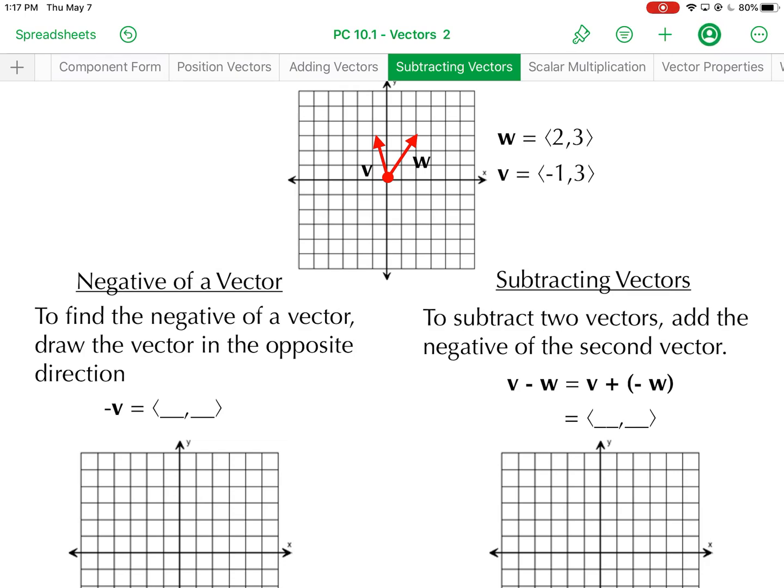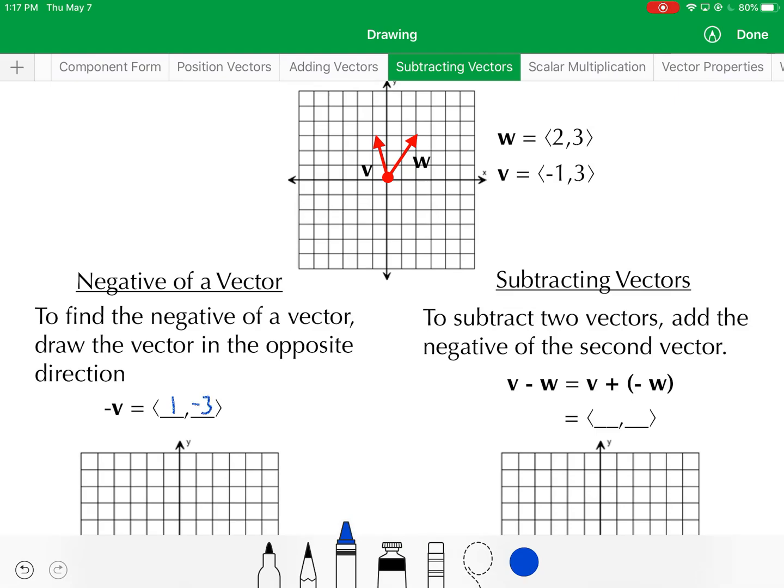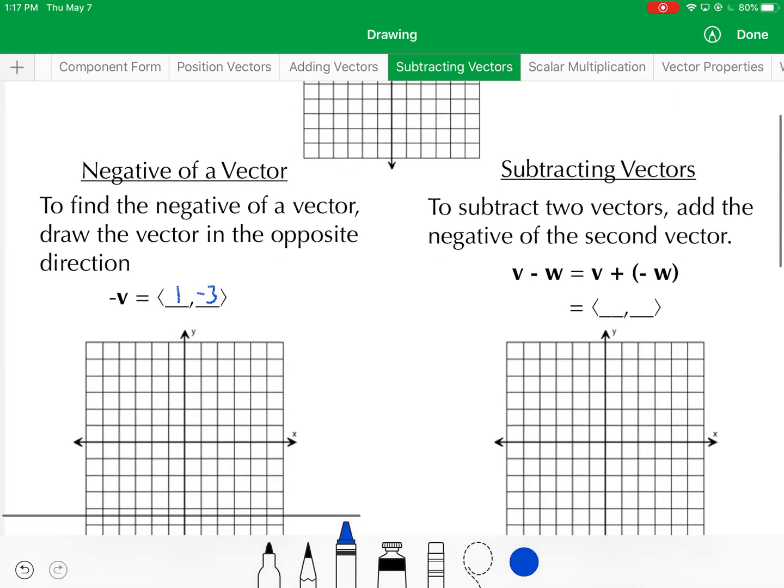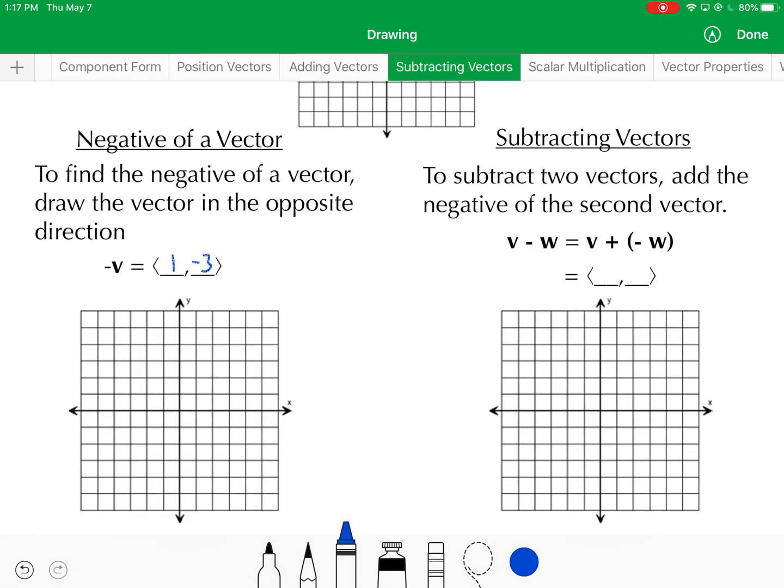So if vector V originally had components of negative 1, 3, the negative of it would have components of positive 1, negative 3. Okay, and if you were to draw that out starting at the origin, you'd go 1 to the right and you'd go 3 down.